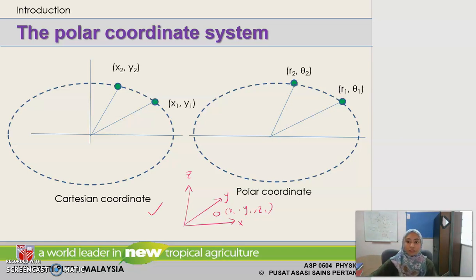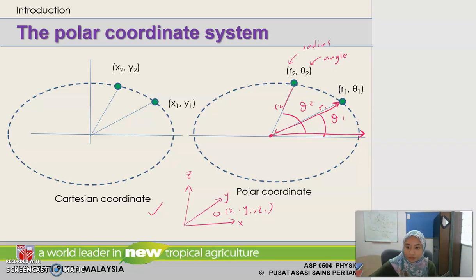For the polar coordinate, we describe the position of the particle or object by radius and by angle: the radius from the center and the angle from the origin. So this is radius 2 and theta 2, and this is radius 1 and theta 1.